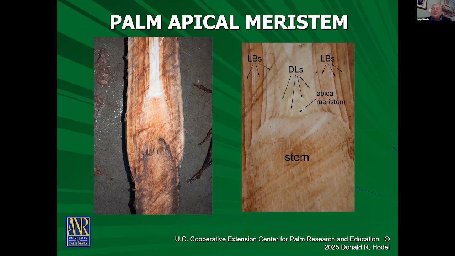But once the trunk has reached its largest diameter and starts to elongate vertically, it doesn't get any wider, so it doesn't get fatter. And that little thing there, the apical meristem, is really the key to everything. And if you've eaten hearts of palm salad, which I like, you're eating the apical meristem of a palm.